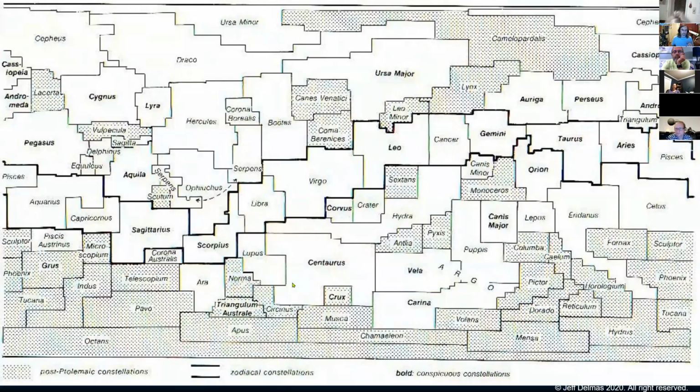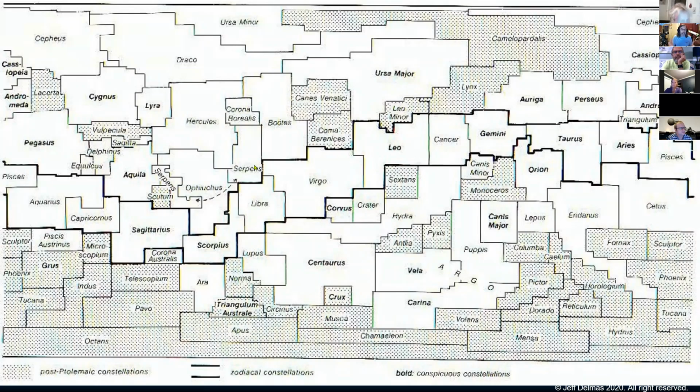So here's really a map of the partitioning without the stars. And a couple of things you see, we've got the Zodiac highlighted with bold outline. And one thing that you may notice is that Serpens, the serpent, is divided into two regions, Serpens Cauda and Serpens Caput.